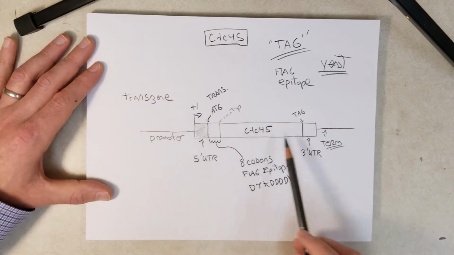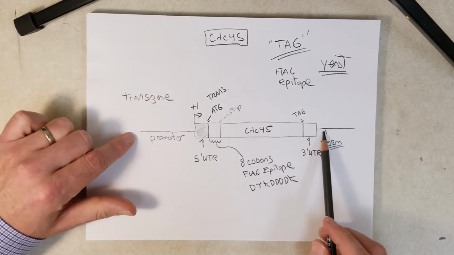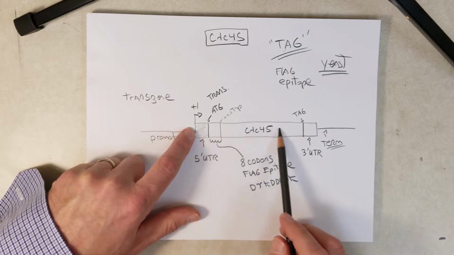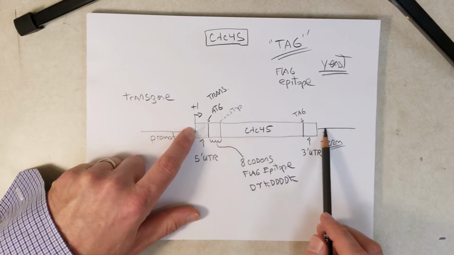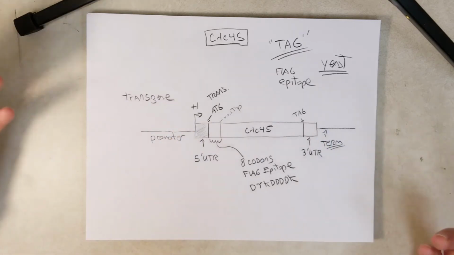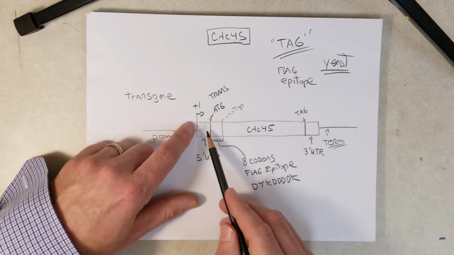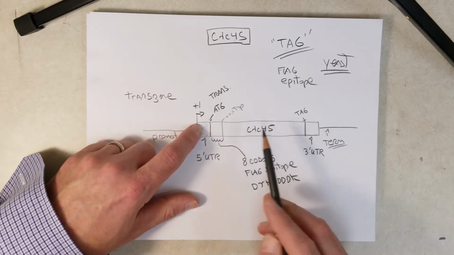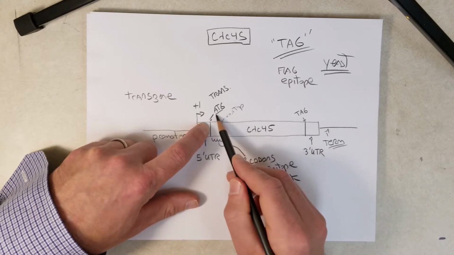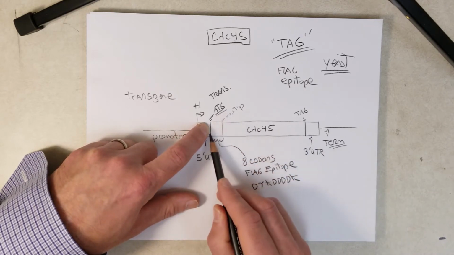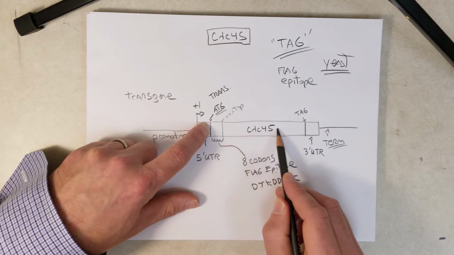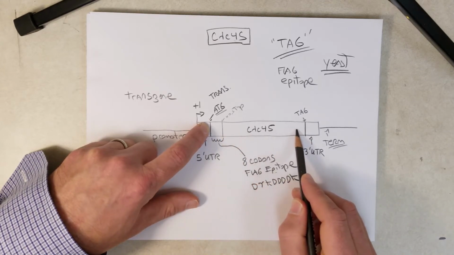So as a result, when we put this transgene into yeast, RNA polymerase II will bind here, it will transcribe this as one long messenger RNA, and then it will be exported to the cytoplasm, and then the ribosomes will bind somewhere in the 5' UTR, and they will start translating. It'll start translating right at this start codon here. It will translate the flag epitope, and then it'll keep going, it'll translate the CDC45 codons.